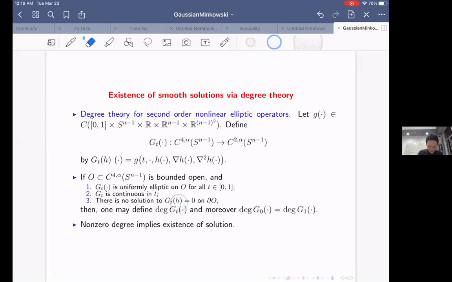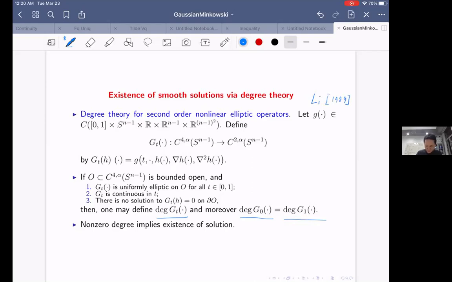Then we can define the degree of G_t, and this will be homotopy invariant, which means that degree G_0 will be degree G_1. This is a strategy developed in Li's paper, 1989.